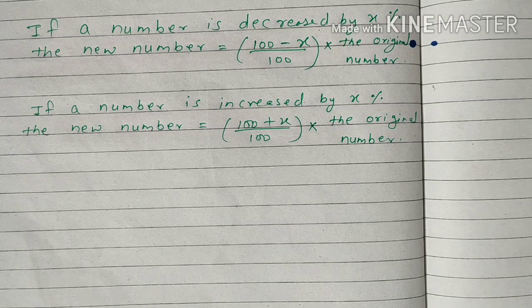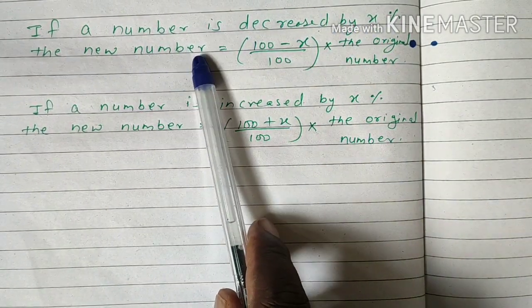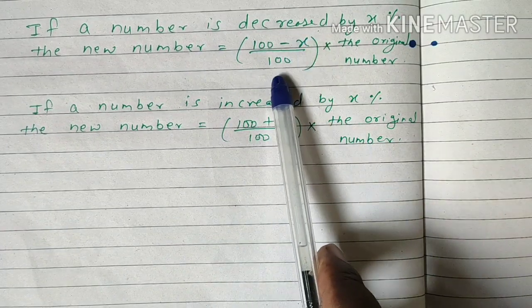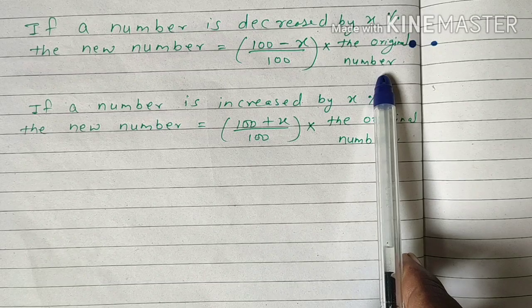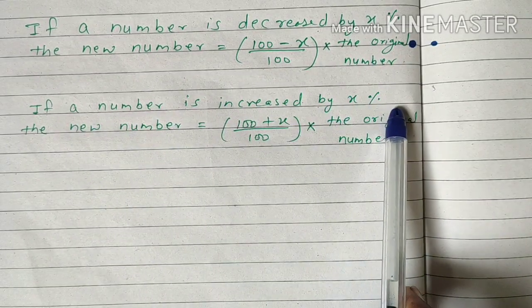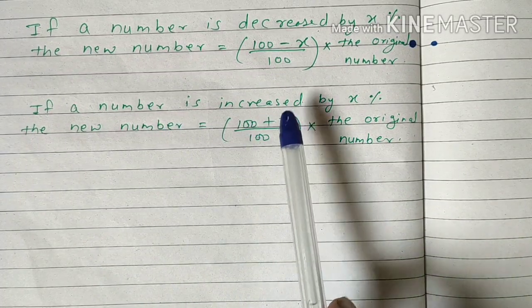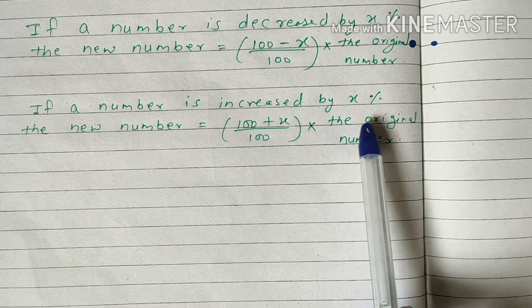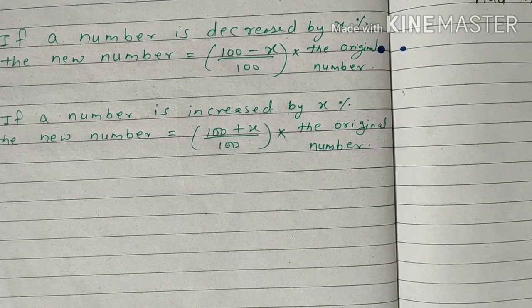If a number is decreased by x%, the new number will be (100 minus x) upon 100 multiplied by the original number. And similarly, if the number is increased by x%, the new number will be (100 plus x) upon 100 multiplied by the original number. Okay, so these are the two formulas basically that we are going to use in this.